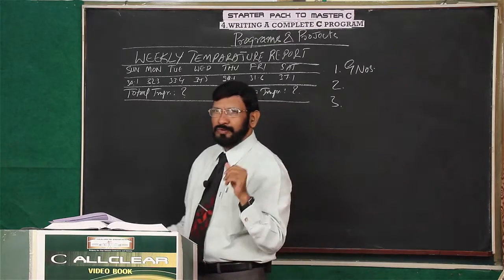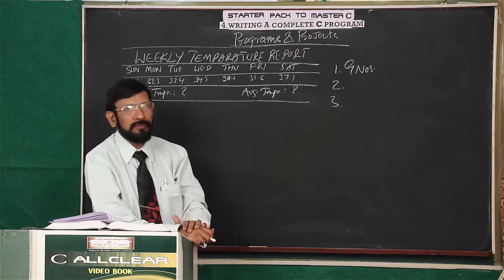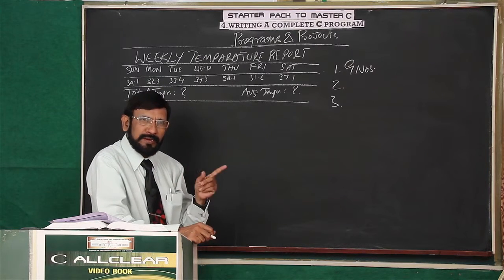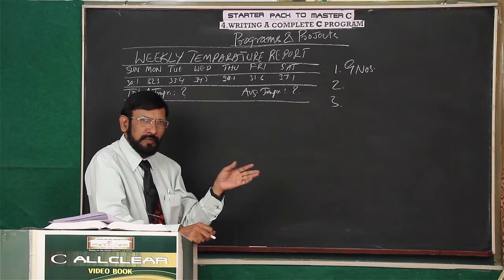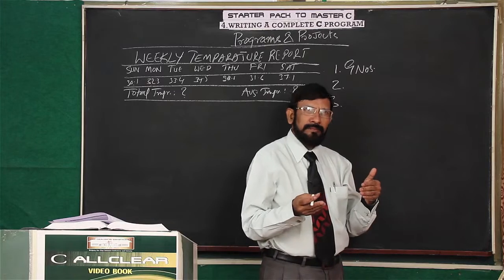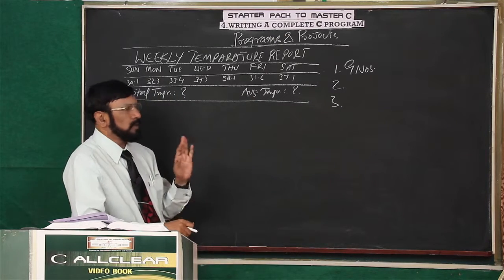And one more sub-question is, how many are input variables and how many are output variables? Whatever data you enter, for that we have to create input variables. Whatever data the system finds out by calculation, those are output variables.